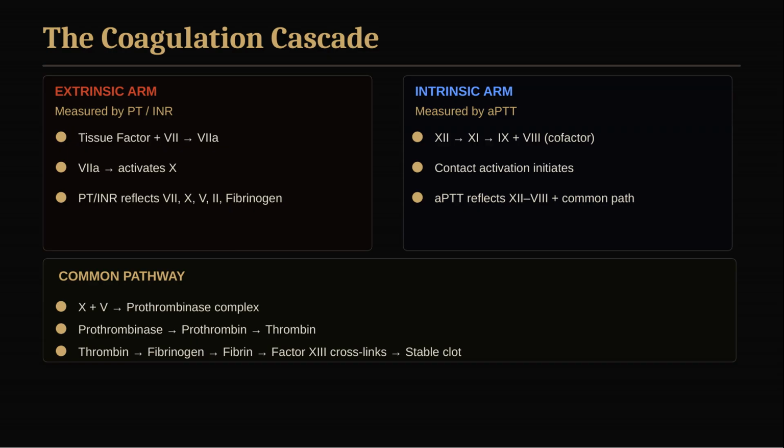Factor 10 with 5 as its cofactor forms the prothrombinase complex, which converts prothrombin to thrombin. Thrombin does the work. It cleaves fibrinogen into fibrin and activates factor 13 to cross-link the fibrin mesh. That cross-linked fibrin is the stable clot.